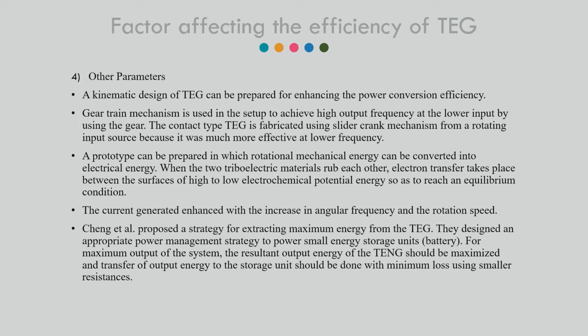A prototype can be prepared in which rotational mechanical energy is converted into electrical energy. When the two triboelectric materials rub each other, electrons transfer between the surfaces from high to low electrochemical potential energy so as to reach an equilibrium condition. The current generated increased with the increase in angular frequency and rotation speed.